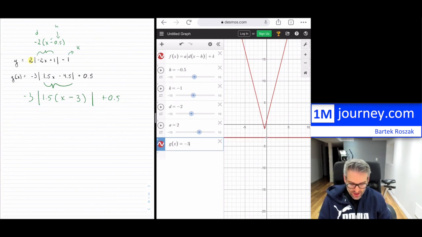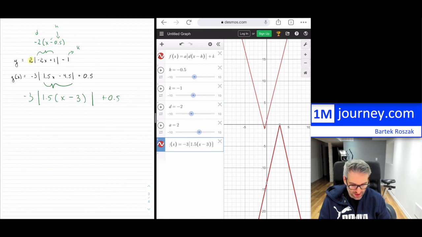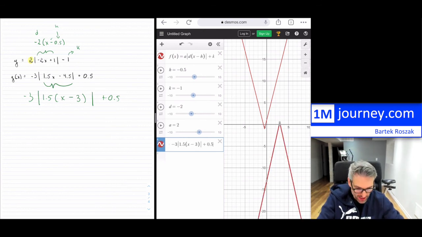So -3, then we have the absolute value. This is 1.5. So we have a stretch and a compression. Okay, and this is X minus 3, and that's the absolute value, plus 0.5. All right, so that's what we have in there.